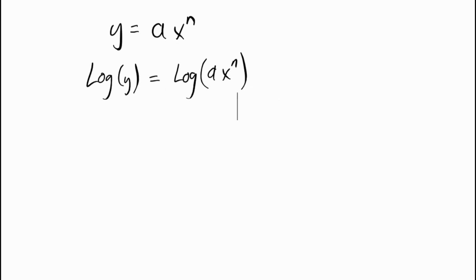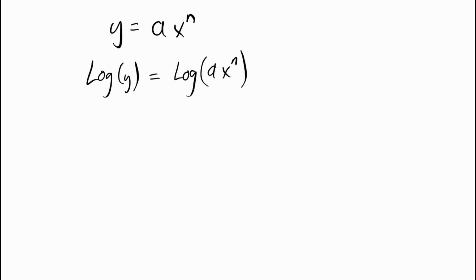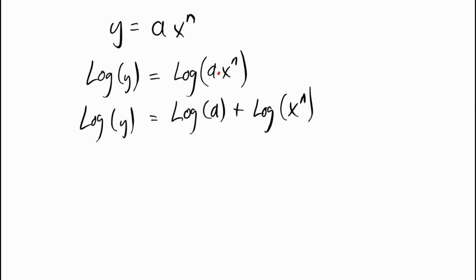So the first thing we're going to look at here is that we actually have the product rule, because this is really a times x to the n. So we can rewrite the right-hand side of our equation to look like this. Log a plus log x to the exponent n. And then here we have the exponent rule. So then we can take this n and bring it out front like that.